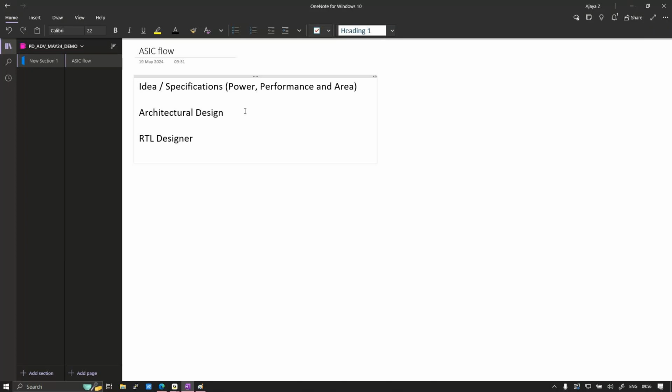He will write a code for it. Okay, he is going to be the coder, behavioral level of coding. So either in Verilog, SystemVerilog, or HDL languages, anything which that requirement requires, he will write that code. This is what the RTL designer is going to do. A complete behavioral coding.